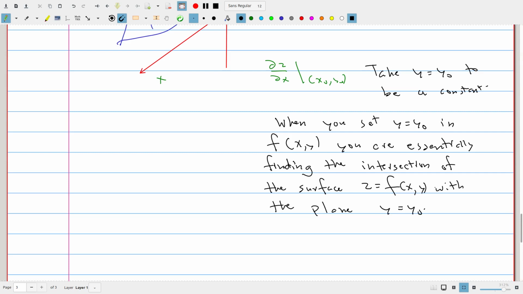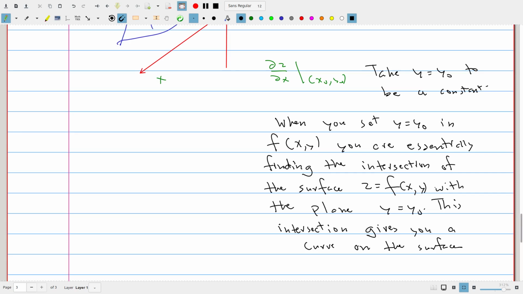This intersection gives you a curve on the surface.